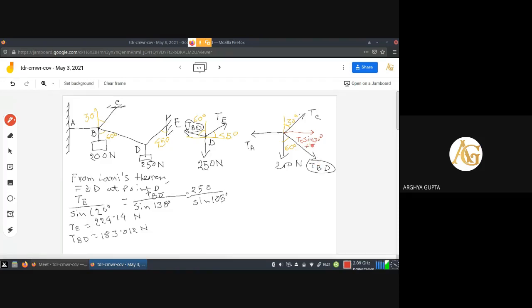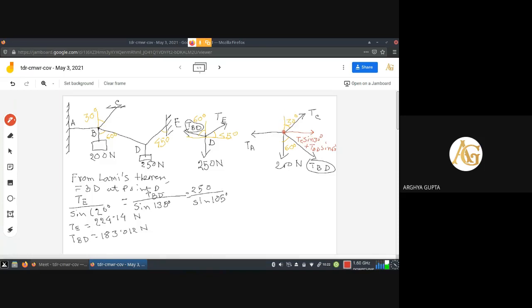TBD is known, I will put the value later on. The TBD sin 60. The horizontal component of TC and the horizontal component of TBD both are written here.